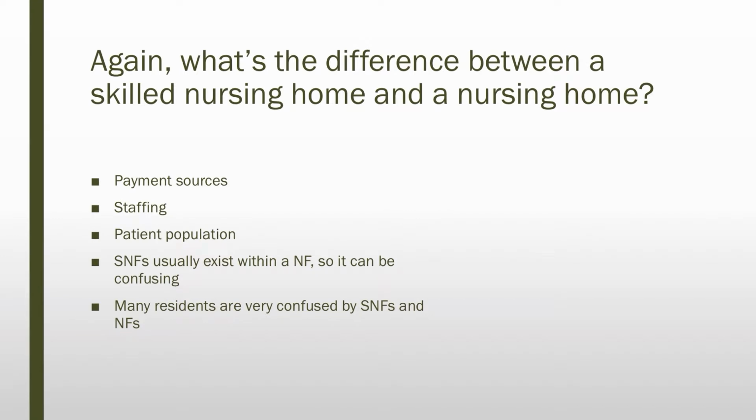So again, what's the difference between a skilled nursing home and a nursing home? Well, the difference is mainly the payment sources, the staffing, the patient population. SNFs usually exist within a NIF, so that's what makes it confusing. If you walk into a large nursing home, they probably have an area, a wing, or a floor dedicated to be a SNF, but it's in the NIF.